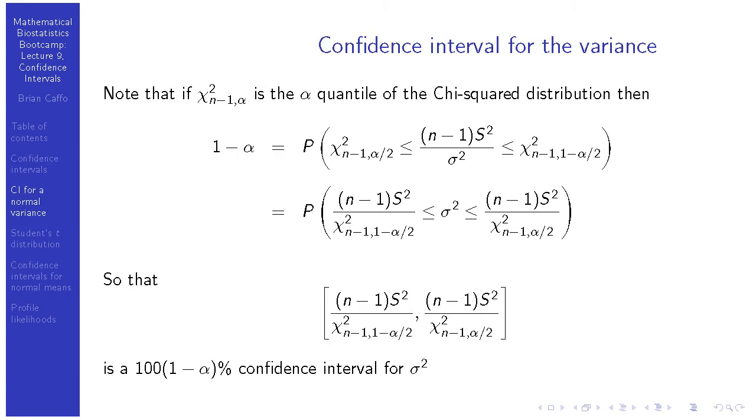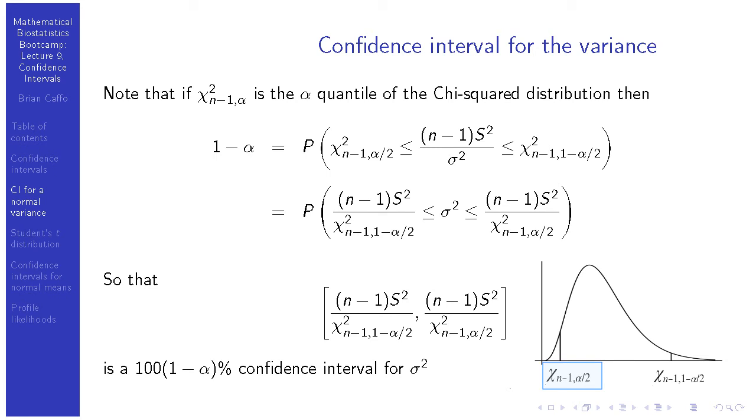As an aside, we're not going to spend a lot of time on this, but you can use this idea to create a confidence interval for the variance. Imagine drawing a chi-squared density, where chi-squared n-1 alpha is the alpha quantile from that distribution.